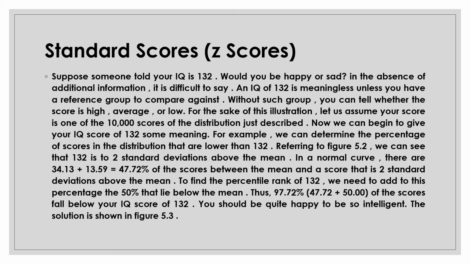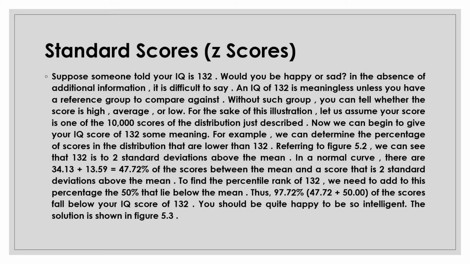For example, we can determine the percentage of scores in the distribution that are lower than 132. Referring to figure 5.2, we can see that 132 is two standard deviations above the mean. In a normal curve, there are 34.13 plus 13.59 equals 47.72% of the scores between the mean and a score that is two standard deviations above the mean.